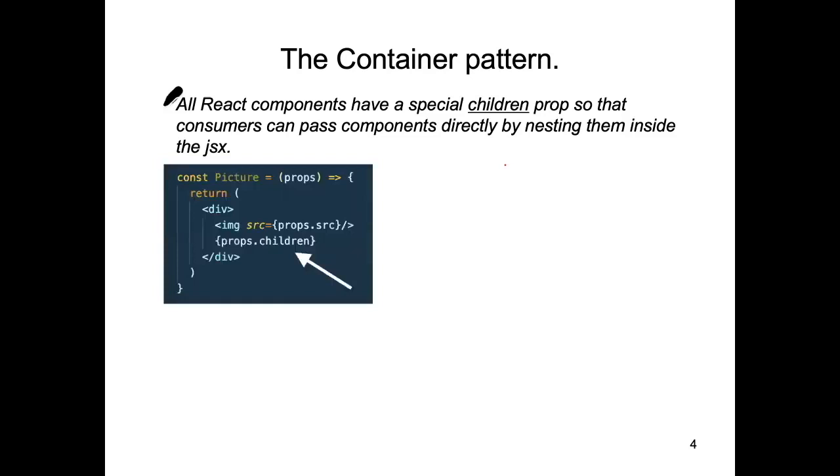If you see my simple Picture component here, in the middle of its JSX, I'm referring to the children prop. So how does this get its value? Where does it get its value from? Whatever it evaluates to, it's obviously going to be inserted into the middle of this JSX of Picture.